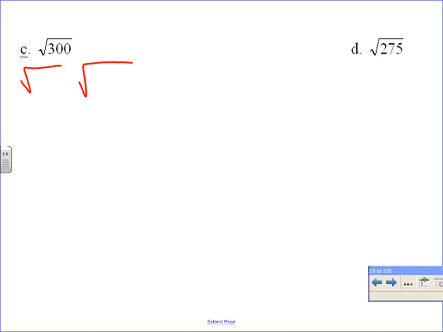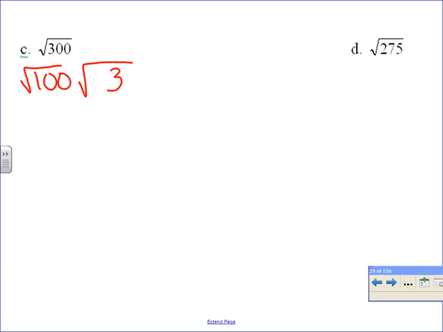If you did it yesterday, what perfect square goes into 300? What's your answer on your paper? For letter C? 75 still has a perfect square that goes into it. So Adam, this is why you don't go ahead of me. Find the largest perfect square that goes into 300. It ends in 2 zeros, so 100. Adam, how many times?